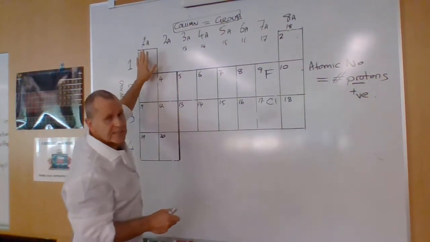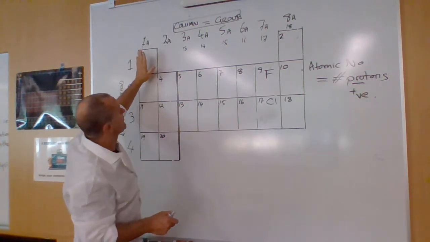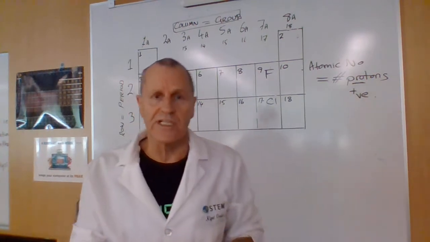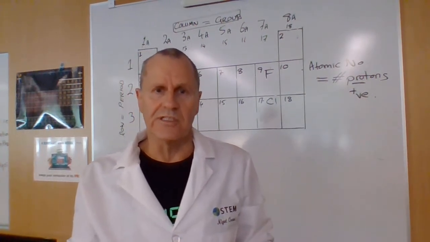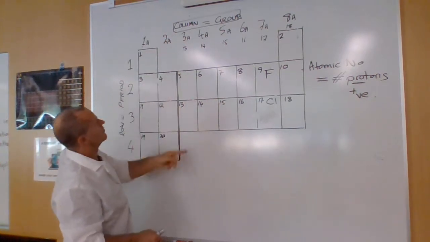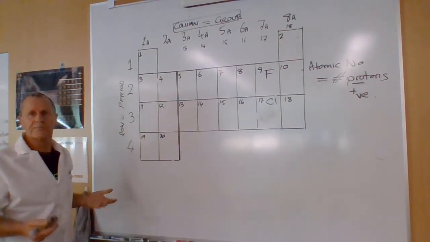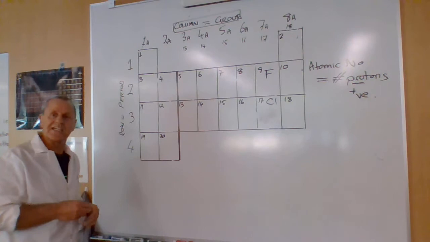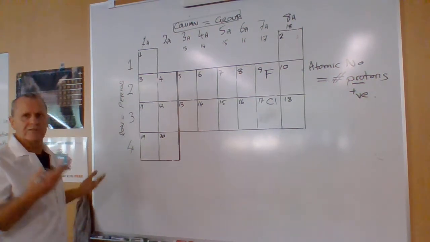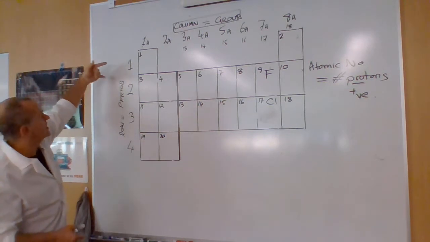But just in this presentation, I'm going to refer to them from 1 to 8. And there's a reason behind that, and that reason is electrons. Before I get to the electrons, we knew that a column is called a group because that was decided many, many decades ago, and it's just reasonable to keep the same terminology.